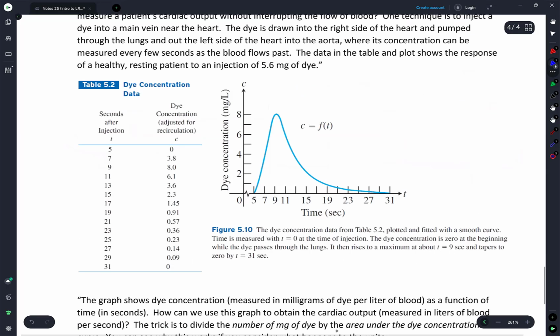Read that to yourselves, for you medical peeps. Read all of that. And then don't worry, it's not even that much.